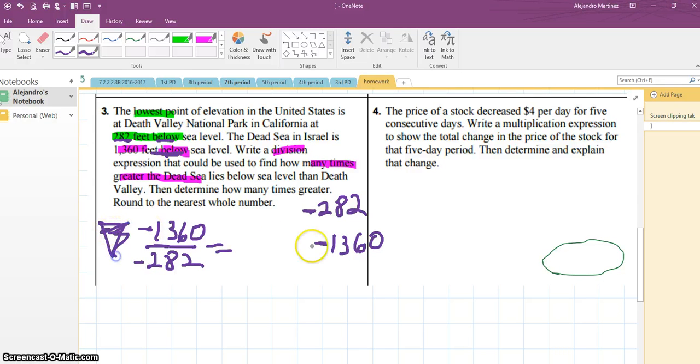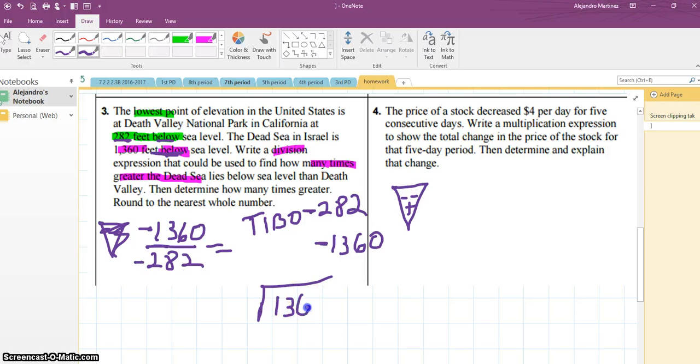Dorito man, negative, negative. Negative divided by negative, that's a positive number. But here we've got to figure out, well, how many times more? We just use the table, top in, bottom up.